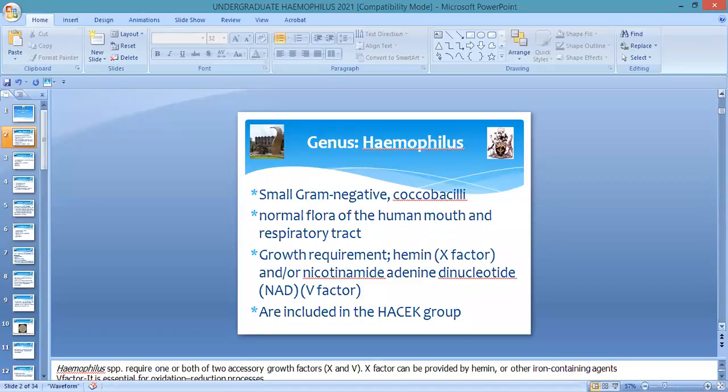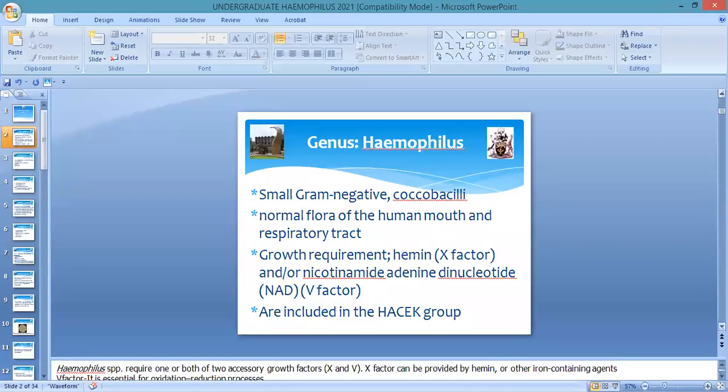So I was saying that the species within the genus Haemophilus are usually found as colonizers of the upper respiratory tract. So you find them either within the mouth and the oropharynx. And in terms of their growth and proliferation, they require two important accessory growth factors, that's the X factor and the V factor.